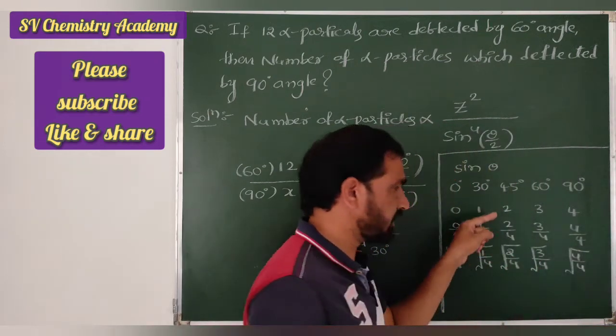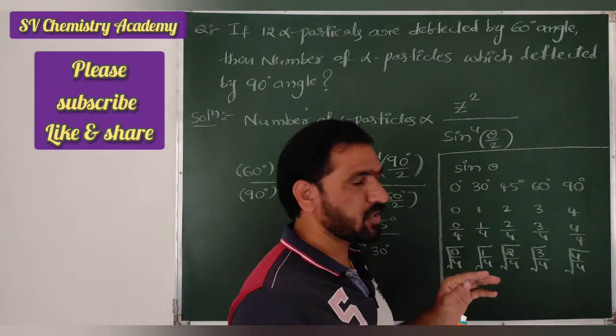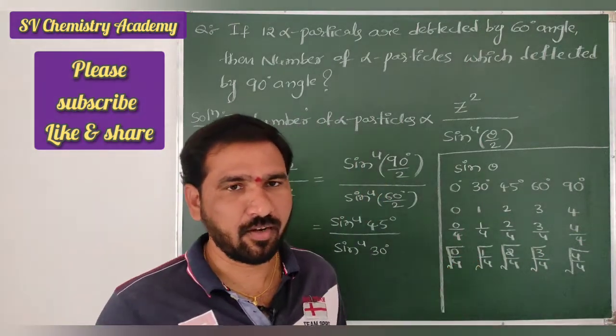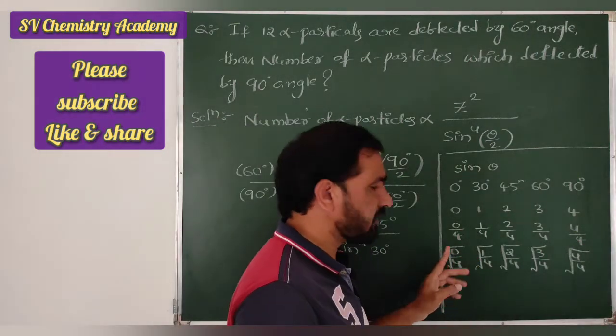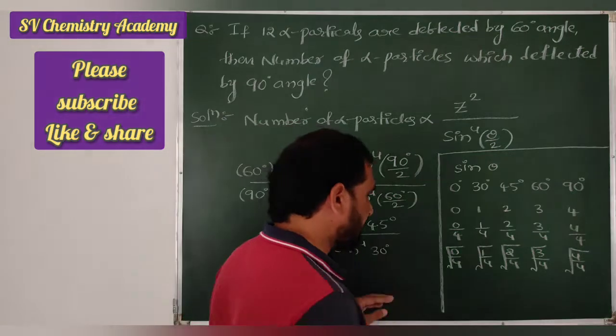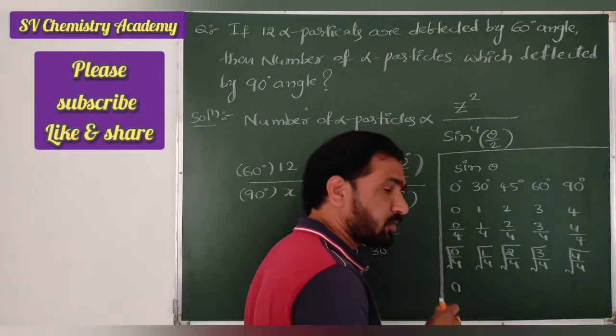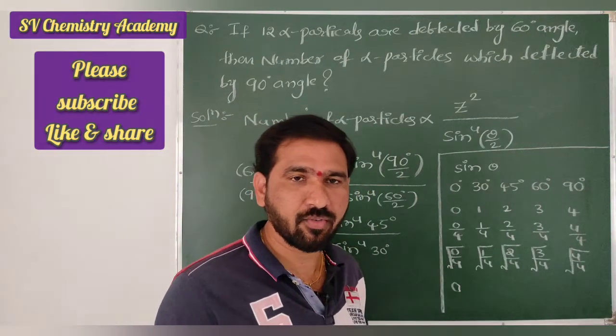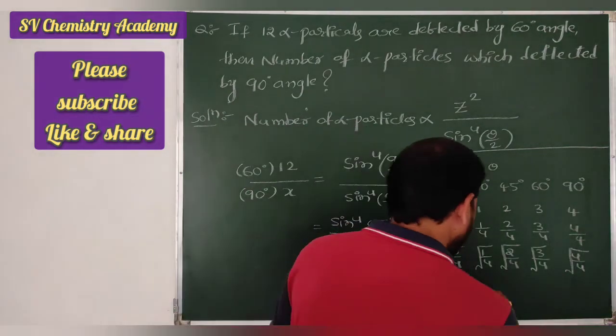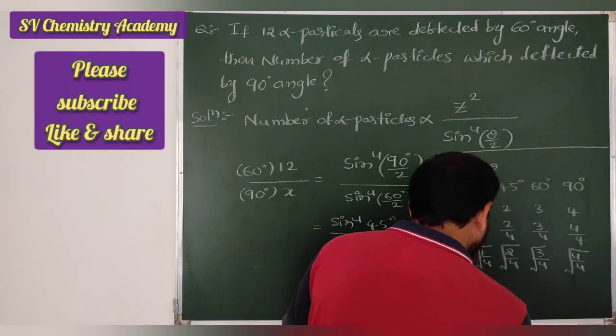These are the steps we can use to get the sine theta values easily. Something 0 by something will be 0. Then 1 by 4, root 4 equals 2, therefore this is 1 by 2.